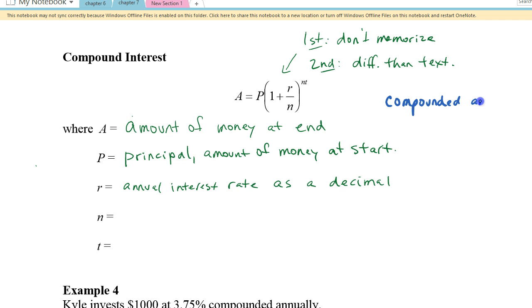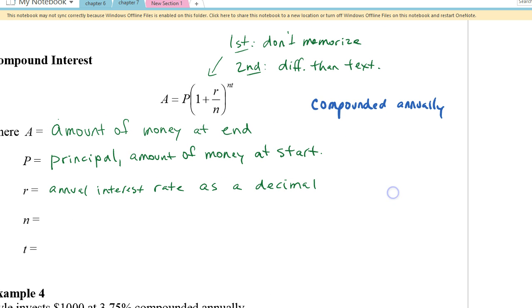Compounded annually means at the end of the year is where they put interest into your bank account. The N value for that one would be equal to 1. So if you see those words, N is equal to 1. N literally means the number of compounding periods.